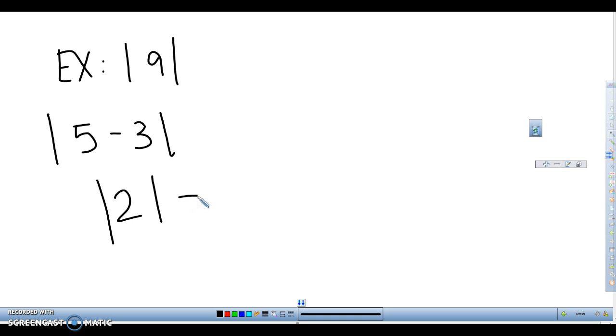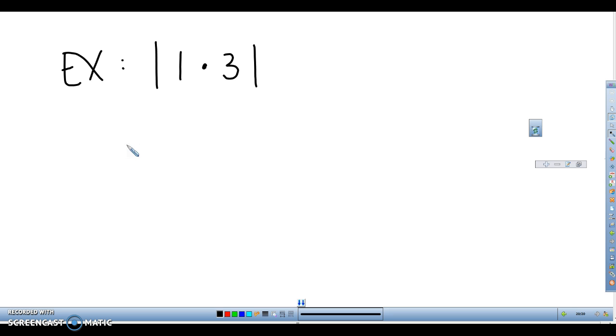And if we remember from earlier, the absolute value of 2 is, in fact, 2. Okay? Try this one on your own. When we multiply 1 and 3, we get 3. The absolute value of 3 is 3.